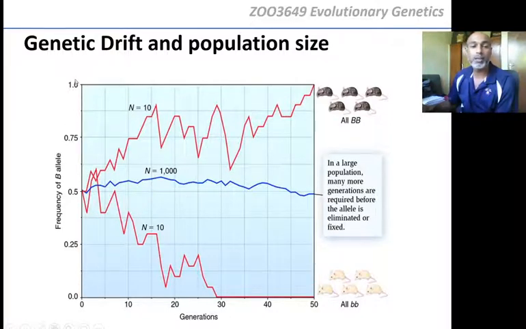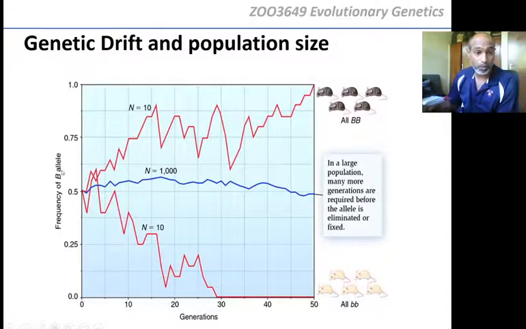And this is the frequency of the big B allele. So what does big B do? Big B makes the mice black. Small b makes the mice white. So here, what is this 0? What is on the y-axis?